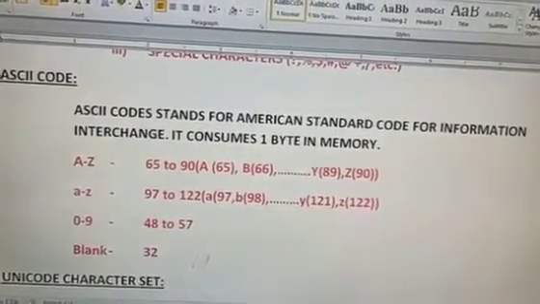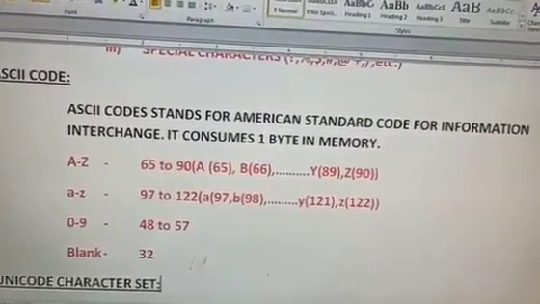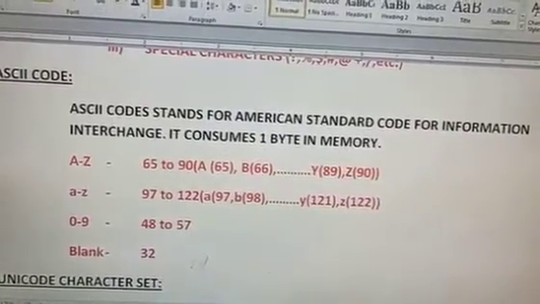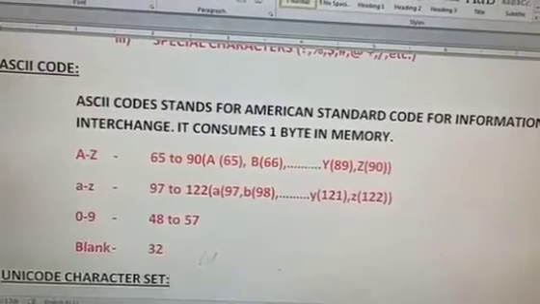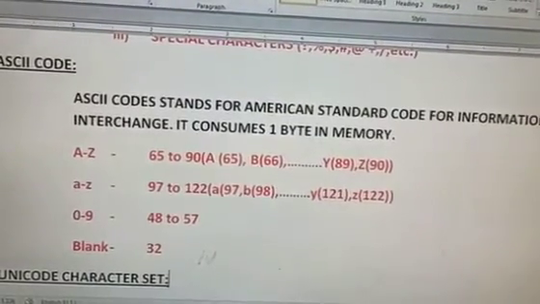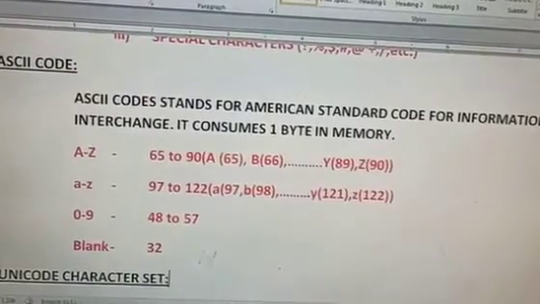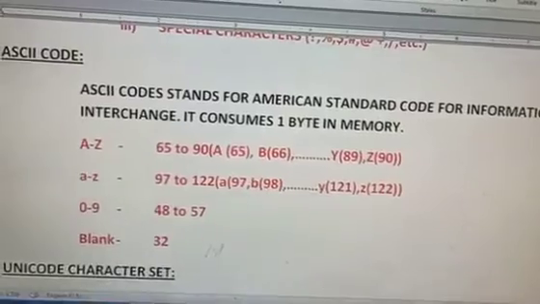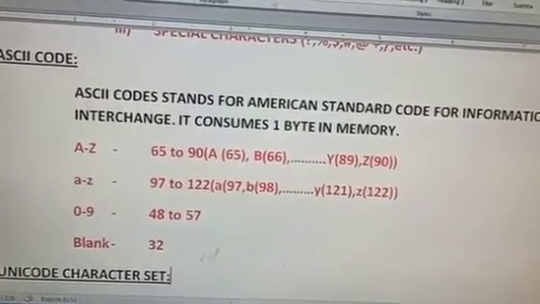These are fixed, predefined codes, where all the capital alphabets A to Z have a specific numeric value, known as the ASCII code, here 65 to 90. That means capital A stands for 65, capital B stands for 66, and so on, up to Z equals 90. For small a to z, the ASCII codes are 97, 98 till 122.